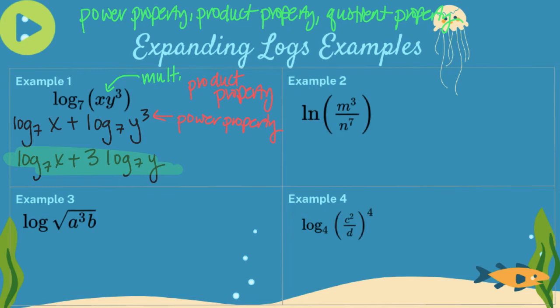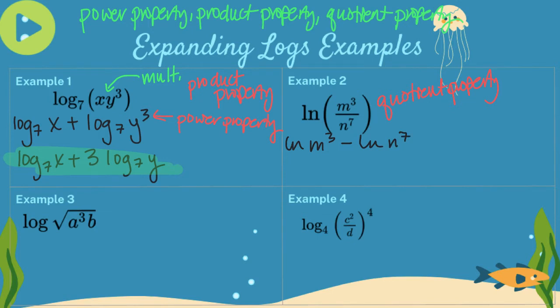Here I have division. So that division allows me to use the quotient property. So I can write this as natural log of m cubed minus natural log of n to the 7th.